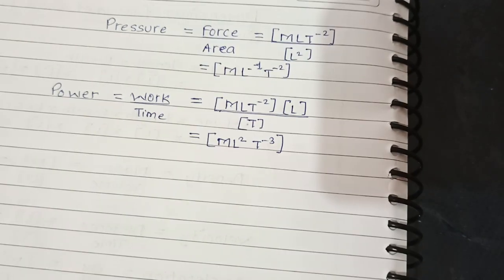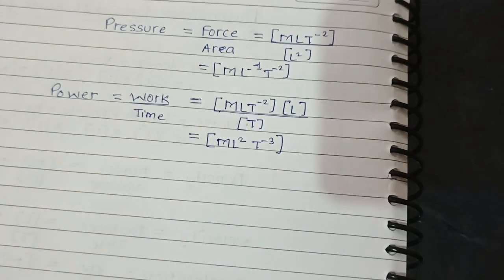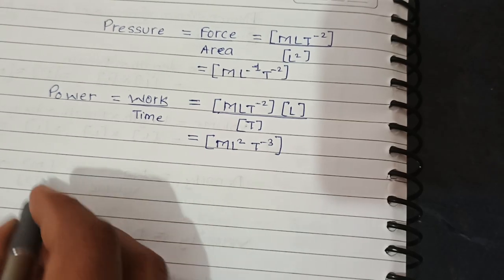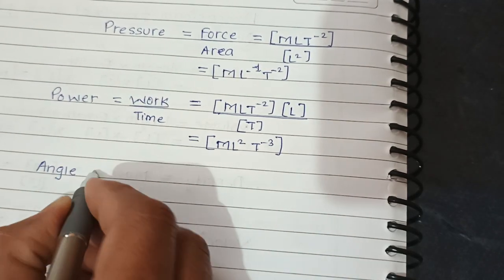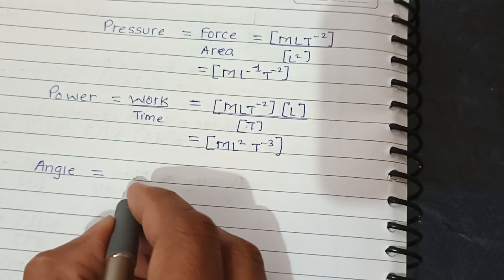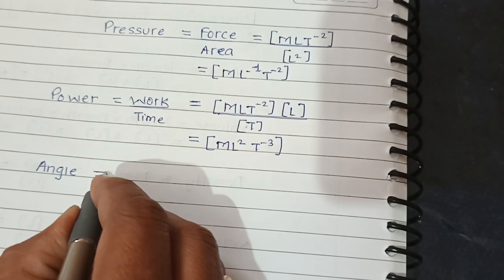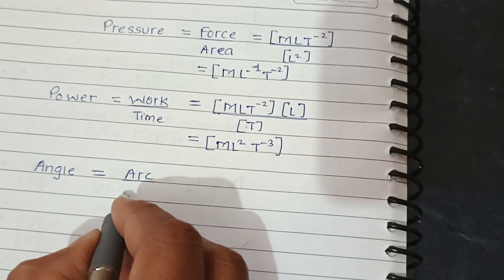Okay, now next, angle. Angle is arc upon radius.